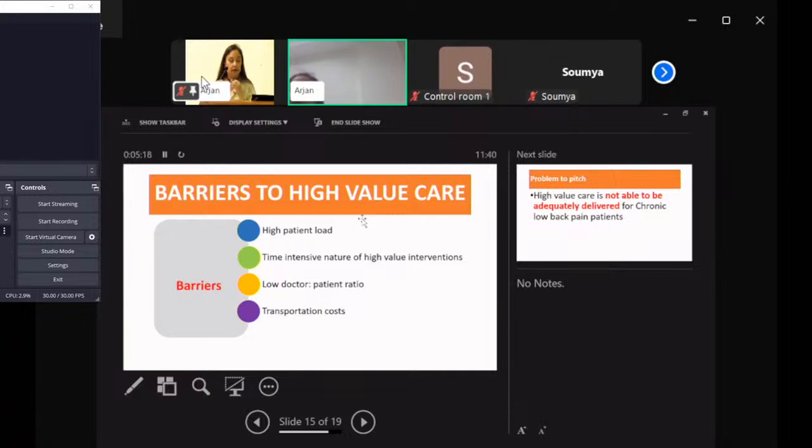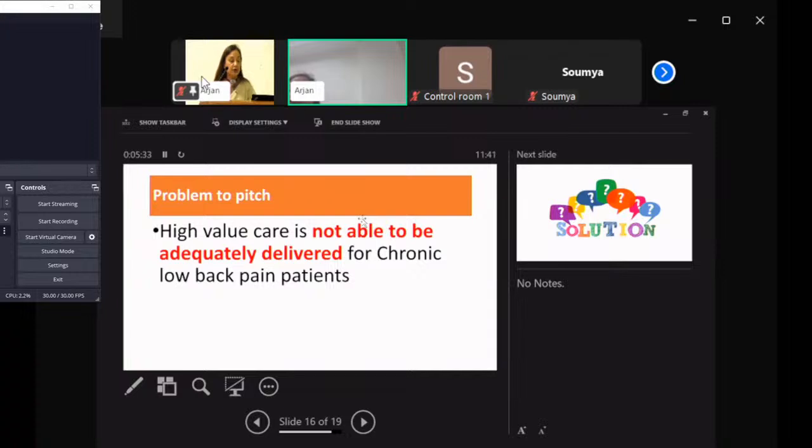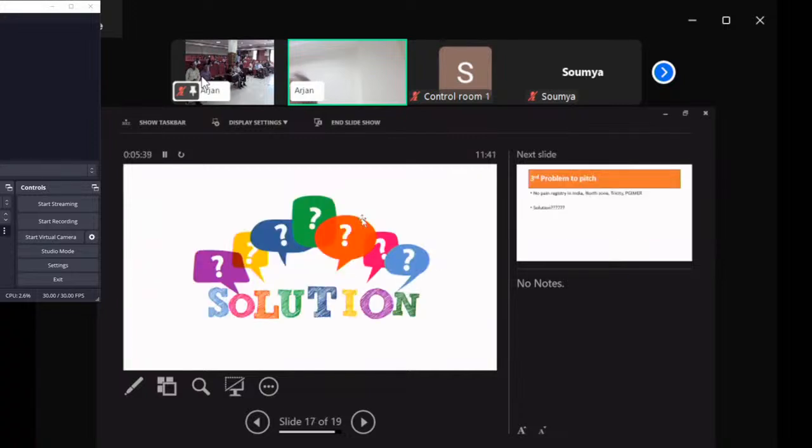Still, despite so much effort, the patient is often not able to follow or implement it. The patient may also not come to get non-pharmacological advice because of transportation cost. So what is the solution? High value care is not being adequately delivered or implemented. I am looking for a solution from your side.